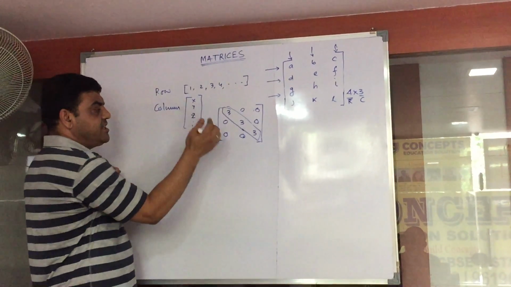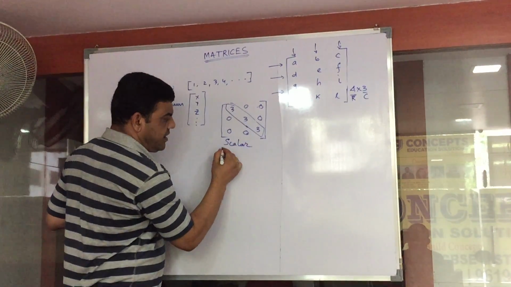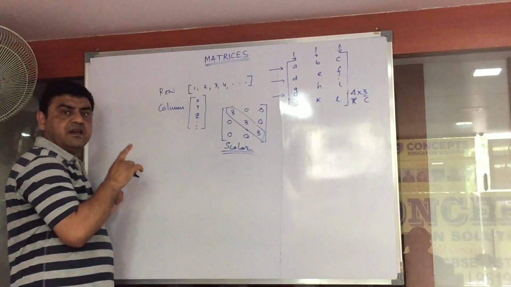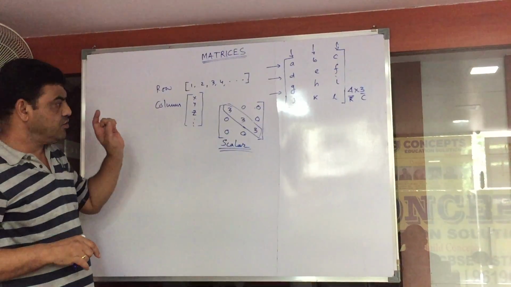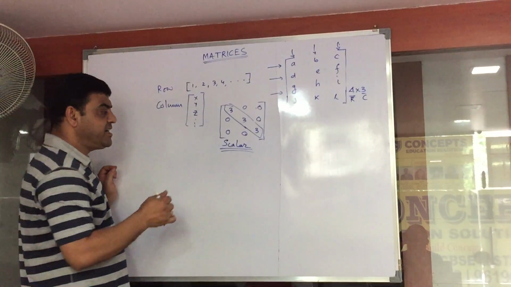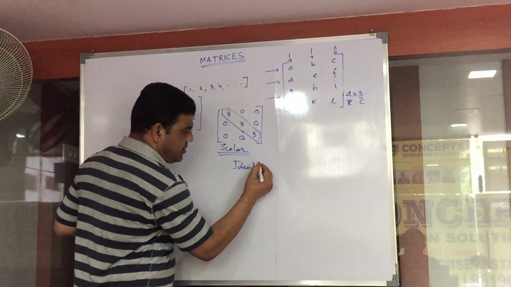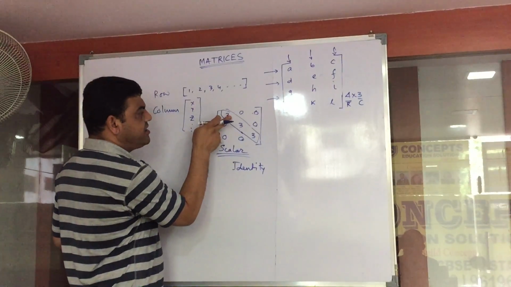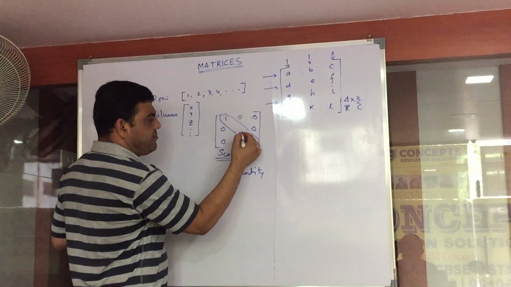If all these diagonal elements are equal to 1, we call it an identity matrix or unit matrix.